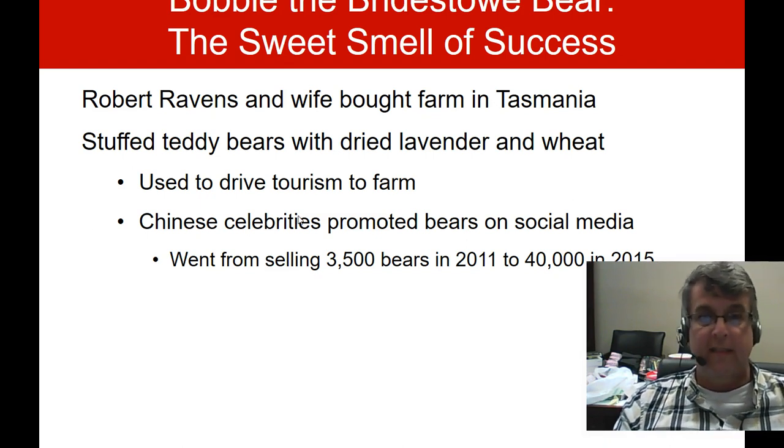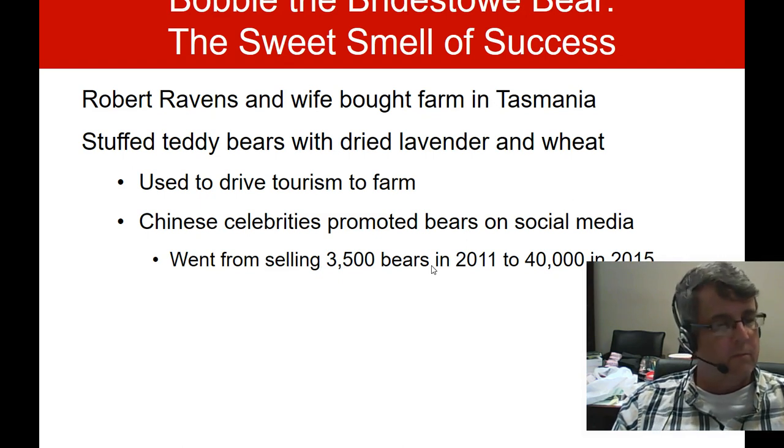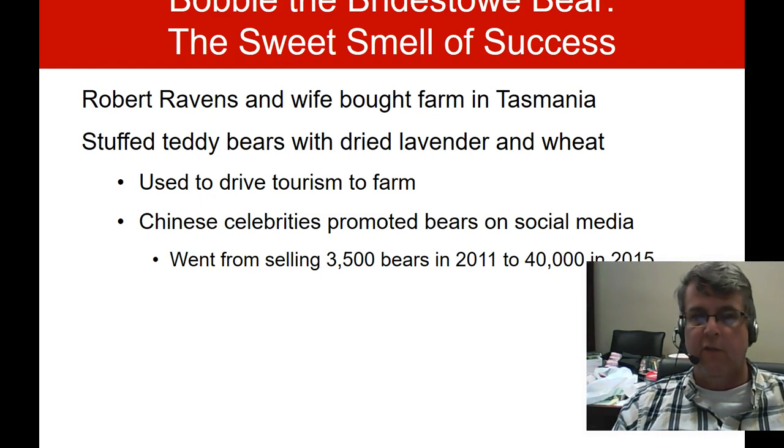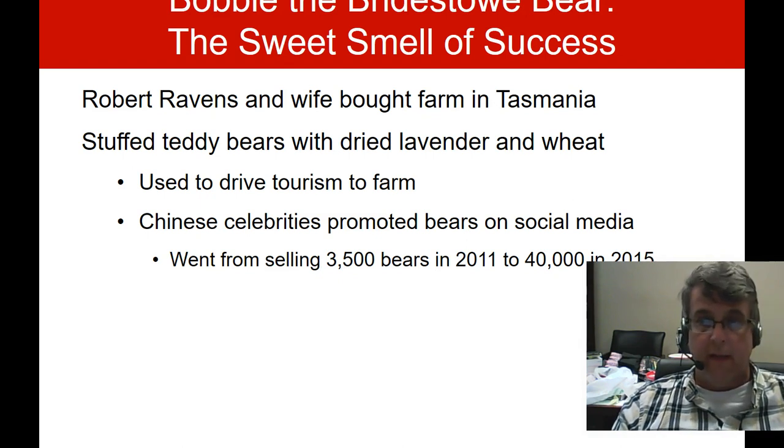They got Chinese celebrities to promote the bears on social media, and they went from selling 3,500 bears to 40,000 bears. So if you understand these social and cultural barriers and can deal with these barriers to trade, you can increase the size of your business.